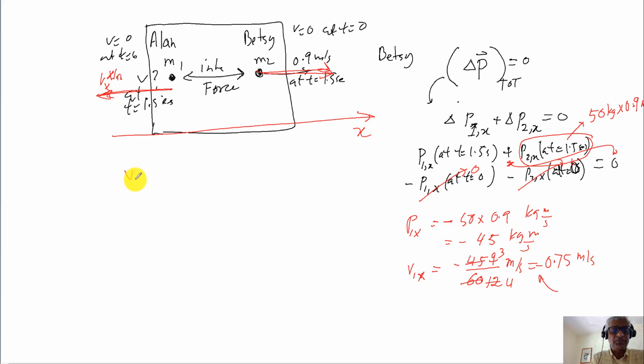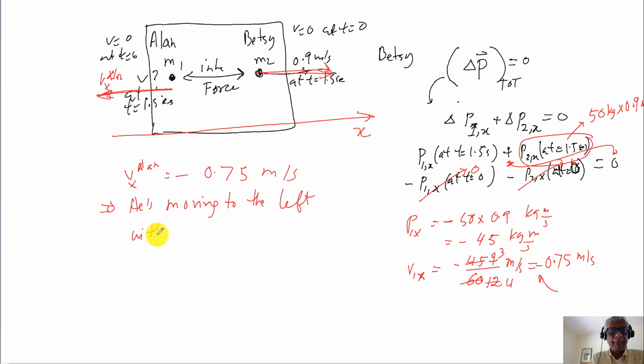So vx of Alan is minus 0.75 meter per second, meaning he's moving to the left, and his speed is the absolute value of vx, because vy and vz are zeros.